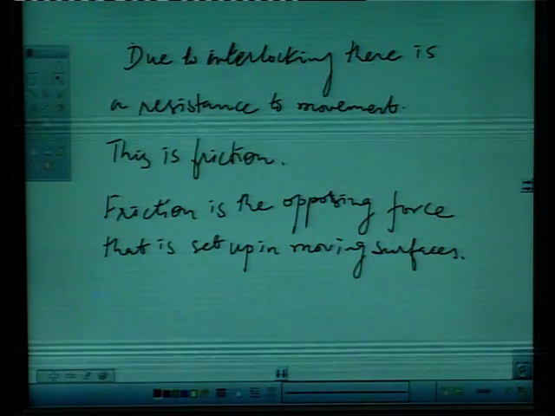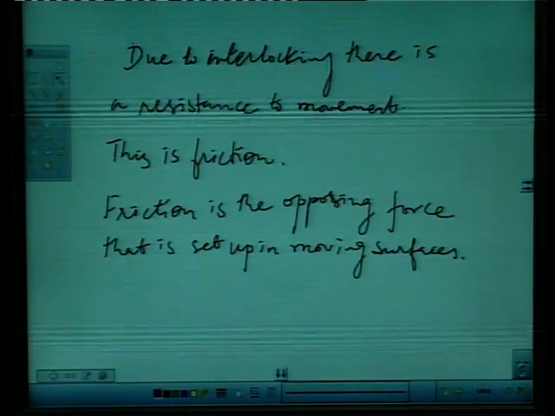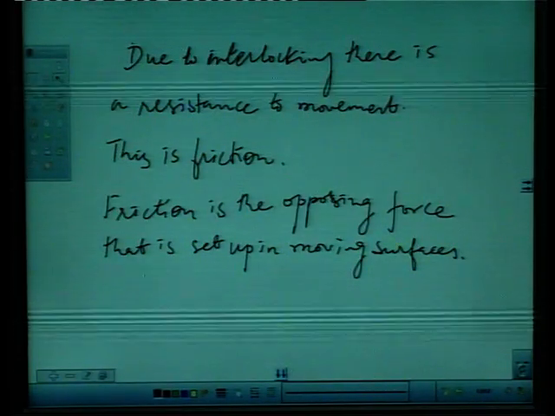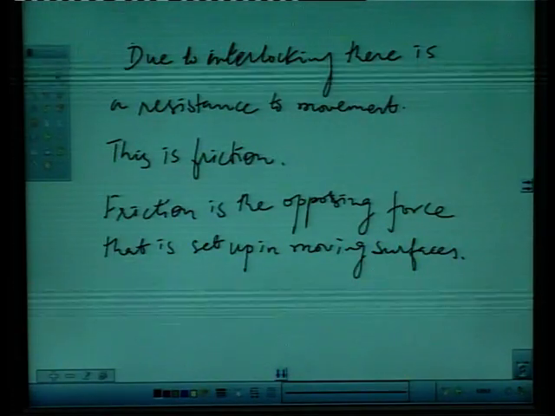To overcome the frictional forces, extra energy has to be expended. So, the energy required is increased.